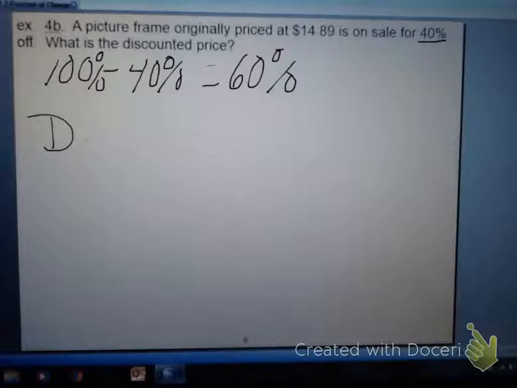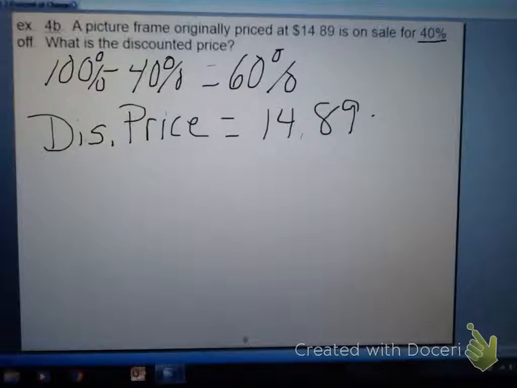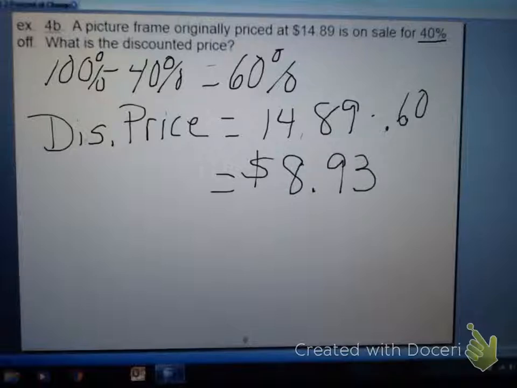So to calculate the discounted price, it's $14.89 times 0.60, or we can just say 0.6, same thing. Multiply, we get $8.93. So that is the discounted price for the picture frame.